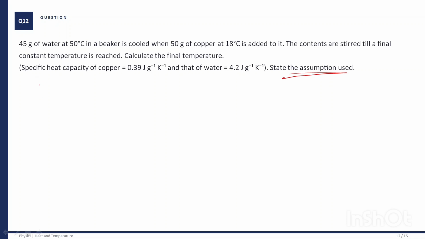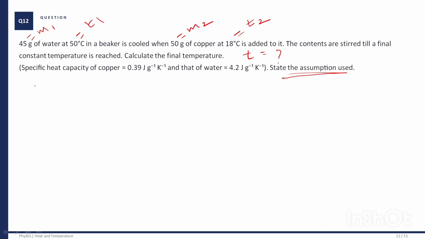So first I will find the highest temperature here. 50 is the highest, so I will write it as T1, and this is the mass M1. This mass is M2, and this temperature is T2. The final temperature T we need to find. Same method of mixture formula.